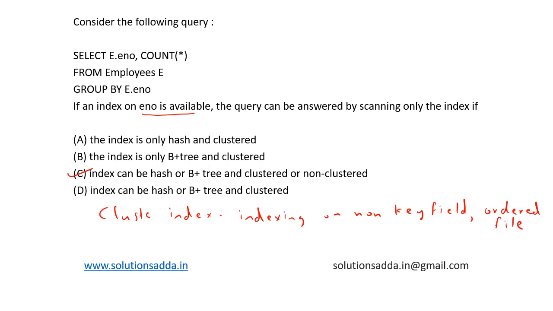Since no information about the search key, that is employee number, is given, that is whether it is sorted or not, and we do not have any information about the data file, that is whether it should be sorted or not, non-clustered index as well as clustered index are possible here. So as a result, option C: it can be clustered or non-clustered and can be hash or B plus tree. Correct answer is option C.